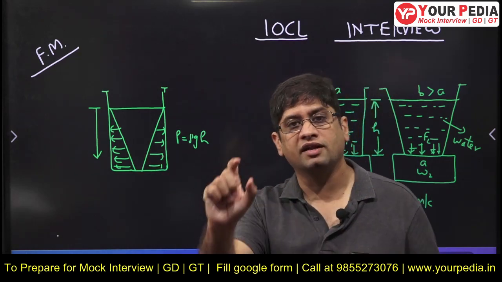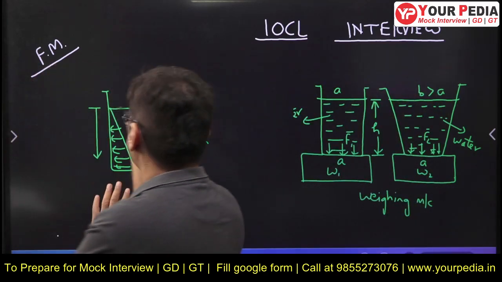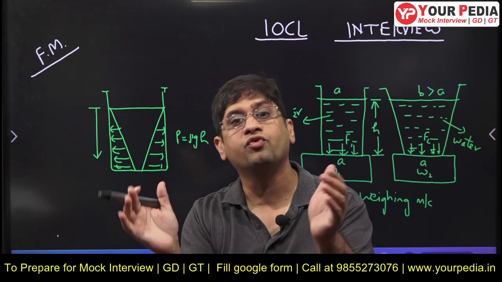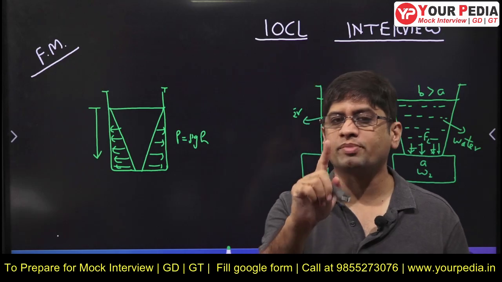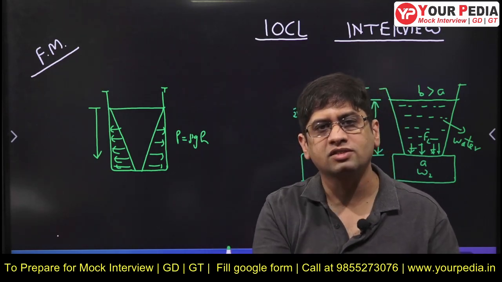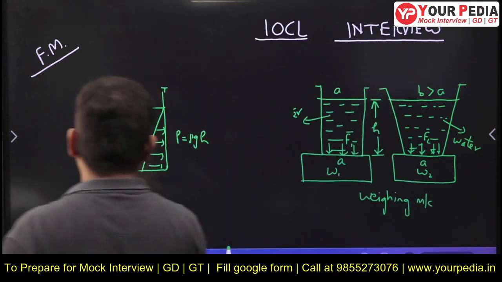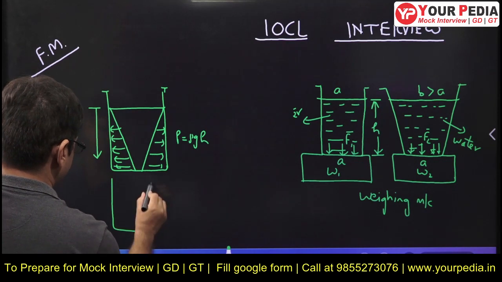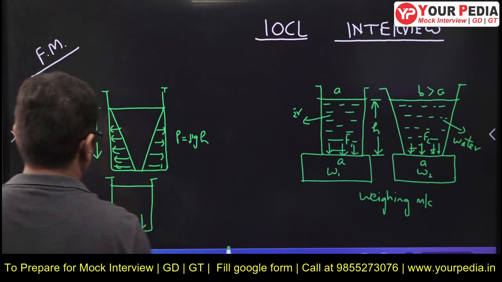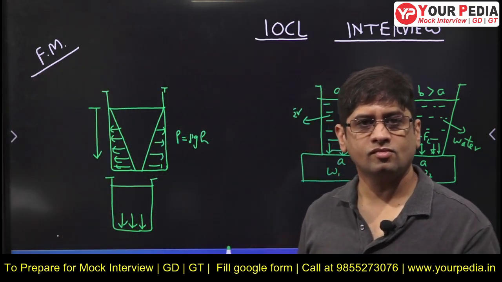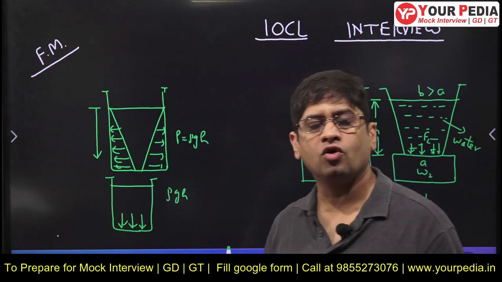On the walls, the net hydrostatic pressure force acting on the vertical walls cancels out the effect of one another, and hence only the total hydrostatic pressure force at the bottom will be acting in this case. What is the total hydrostatic pressure force at the bottom? Rho into g into h, times area.